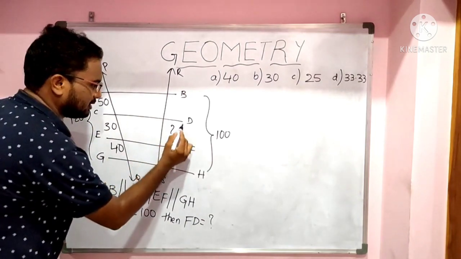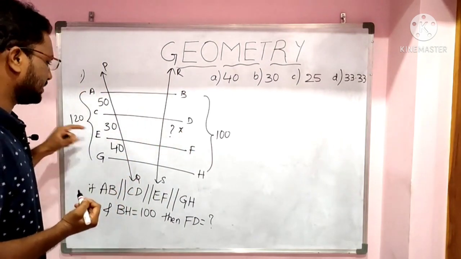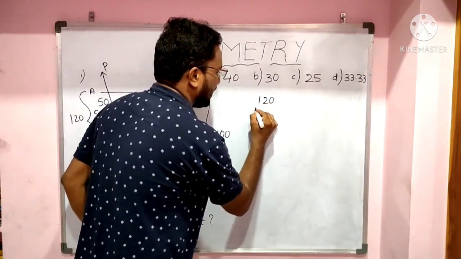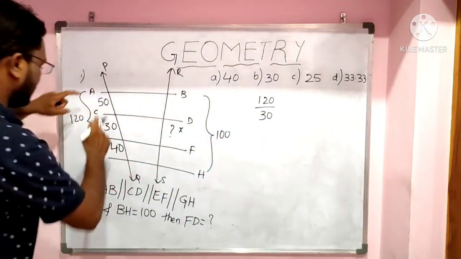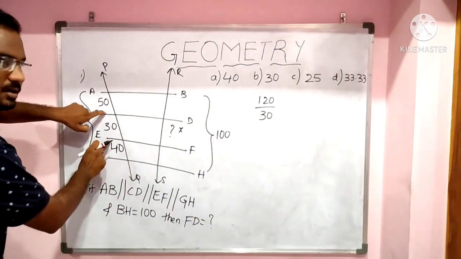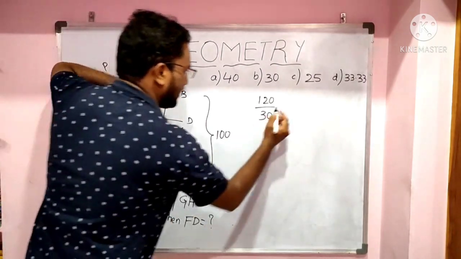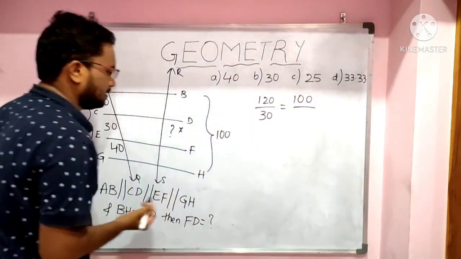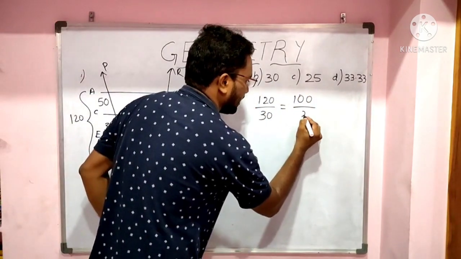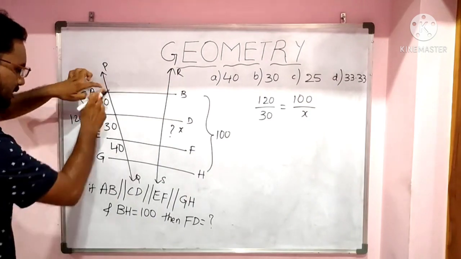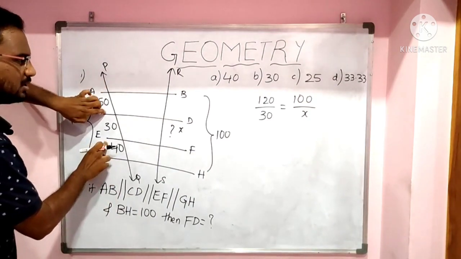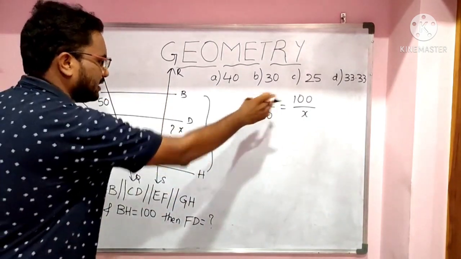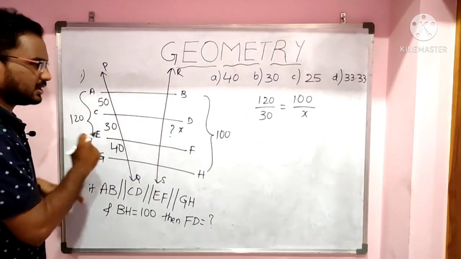And we need to find DF. So total AG by CE is equal to total BH by DF, where DF is X. BH is 100, AG is 120, CE is 30.